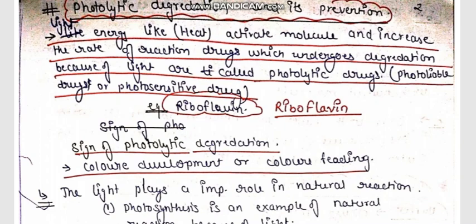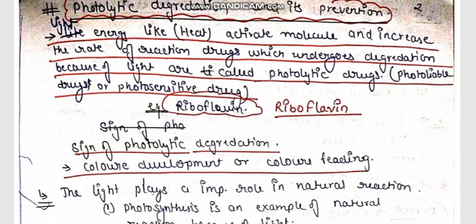Products which undergo photolytic degradation are called photolabile or photosensitive drugs. We generally see on some formulations it is written "store away from light." It means the product stored inside that container is photosensitive or photolabile.